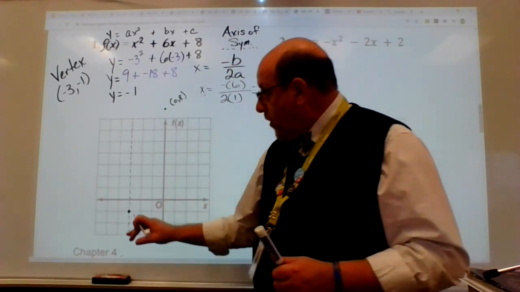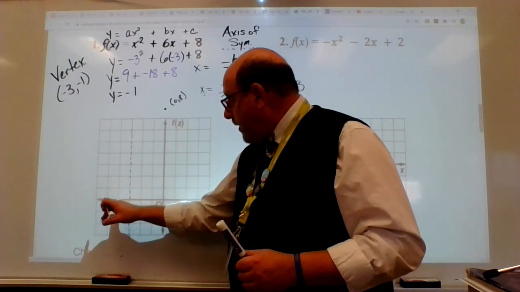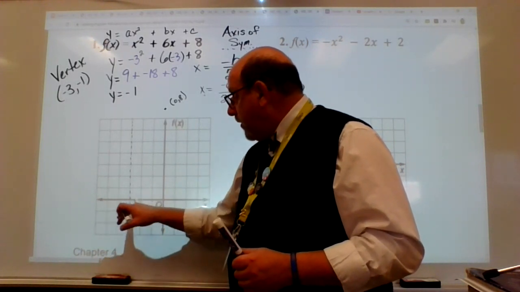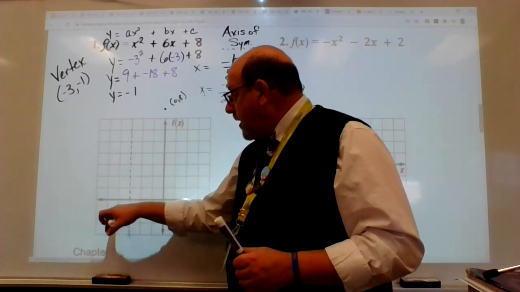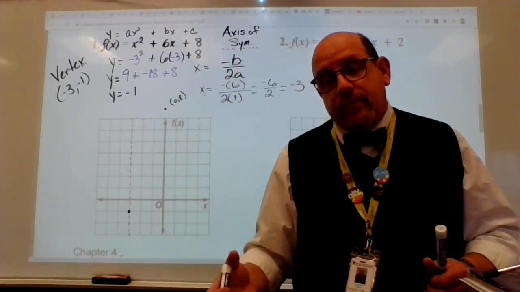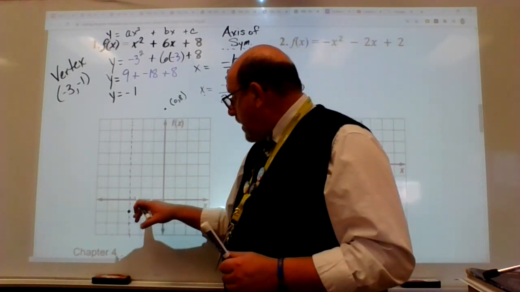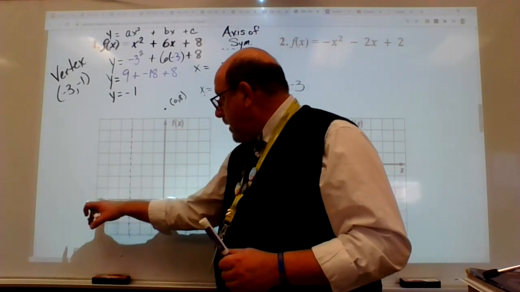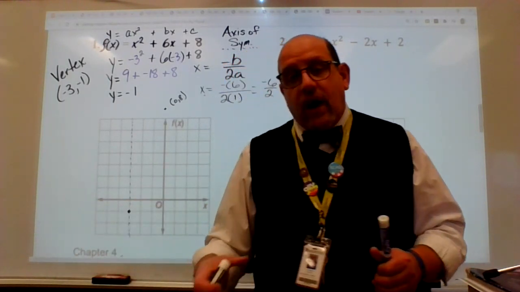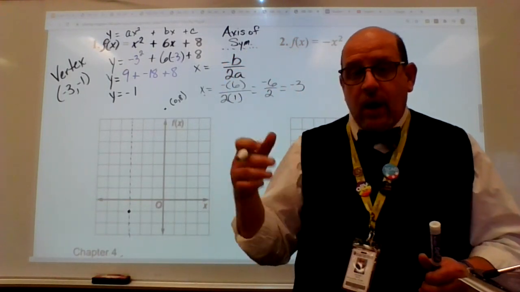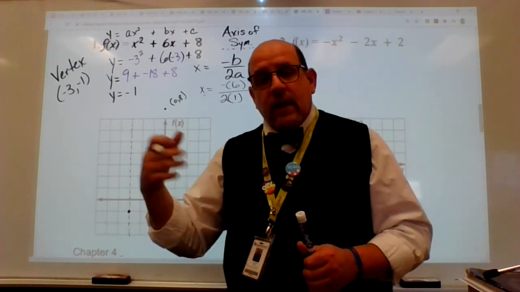So I can use one value and then reflect it over here, or I can put in both values. I can put in negative 2 and negative 4 and see what I get out. I can put in negative 1, and it's going to be the same thing as negative 5. So I'm going to show you how that works a couple of times, and then I'm going to move on.